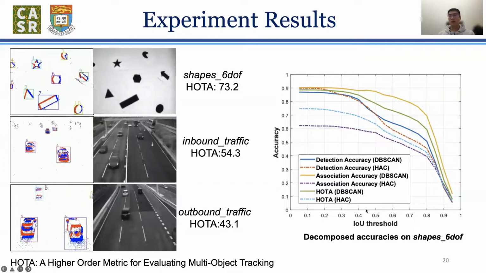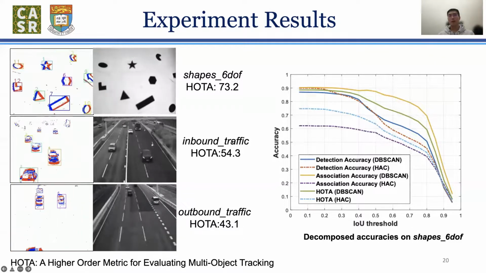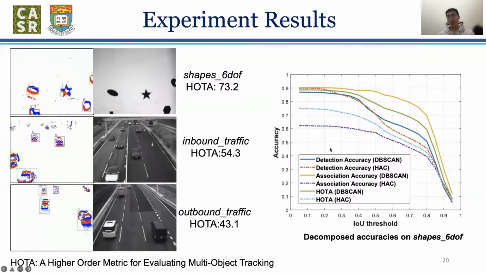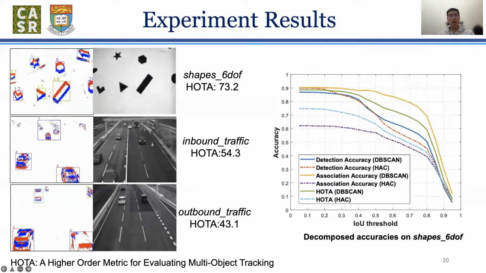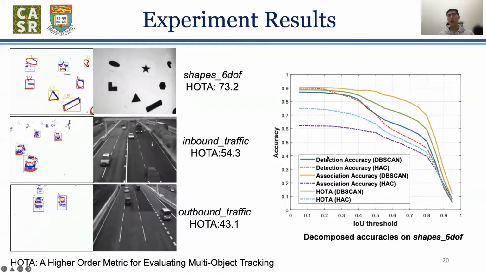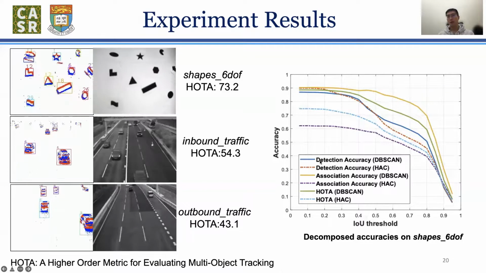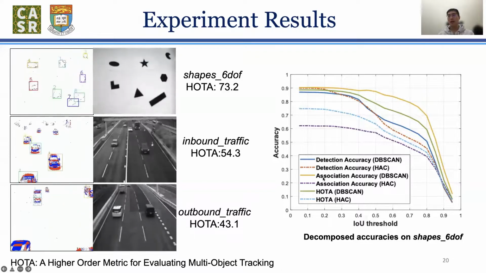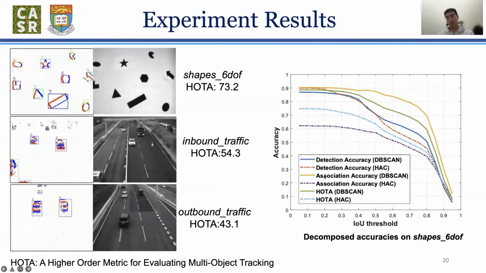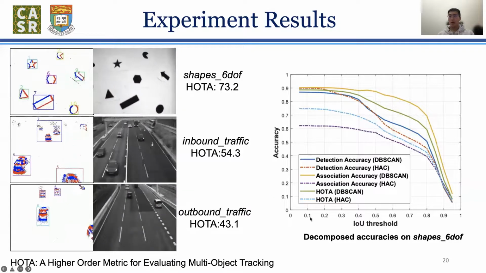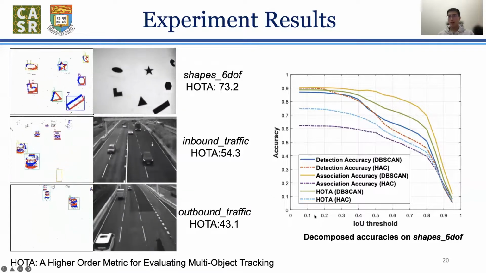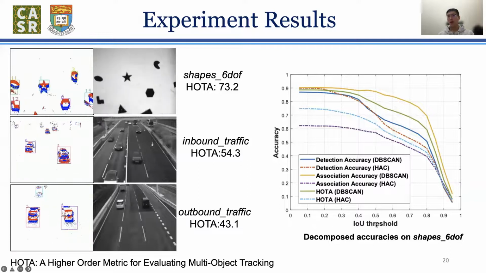This figure shows how we calculate this HOTA value. The HOTA accuracy can be decomposed into detection accuracy and association accuracy. It is calculated like this for each IOU threshold.